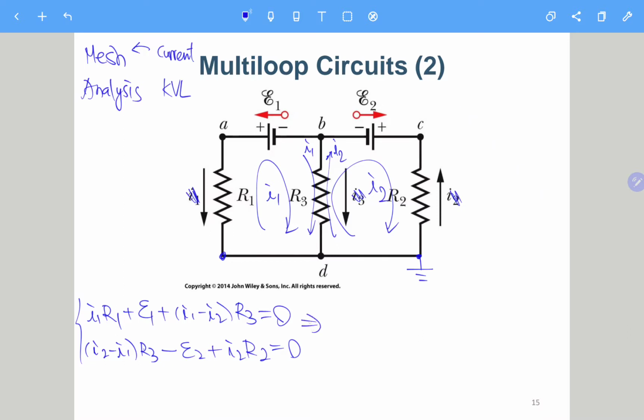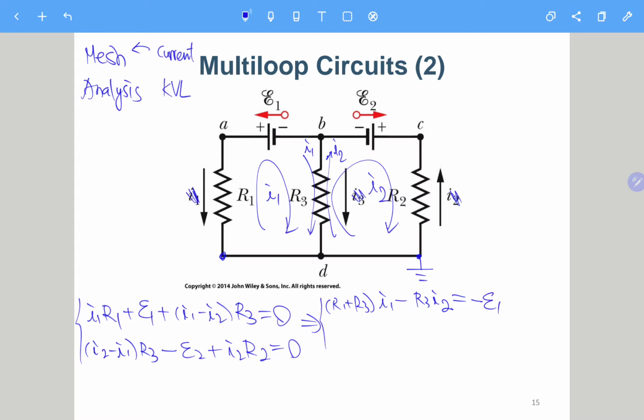In this case, we can just collect the terms. So we have (R1 plus R3) I1 minus R3 I2 equals negative E1.